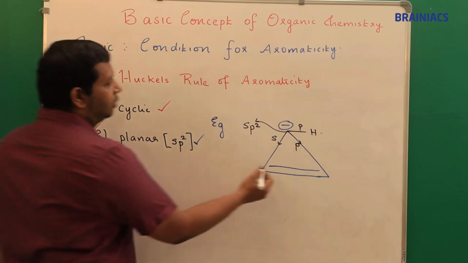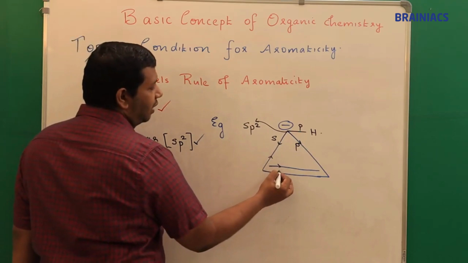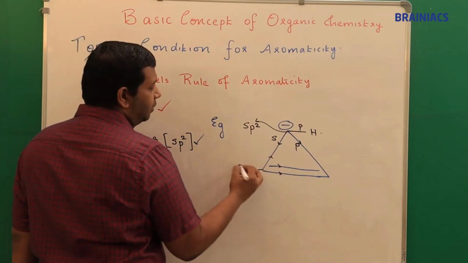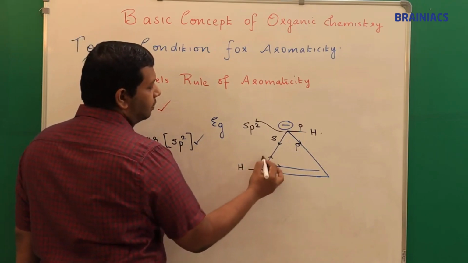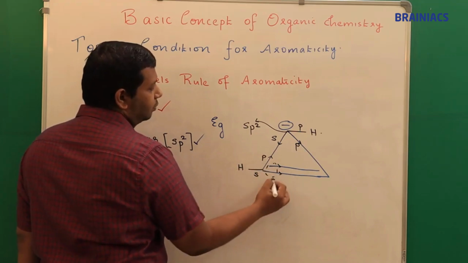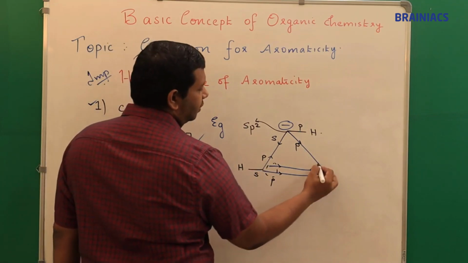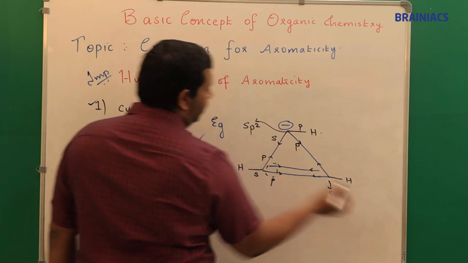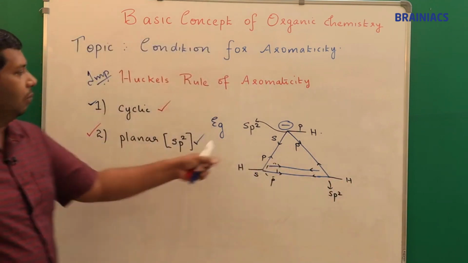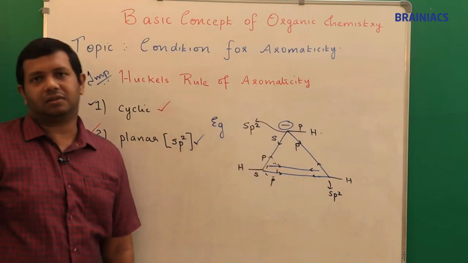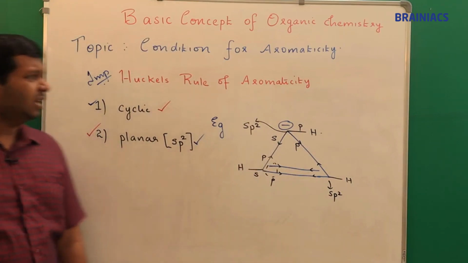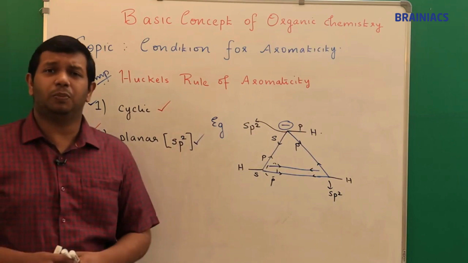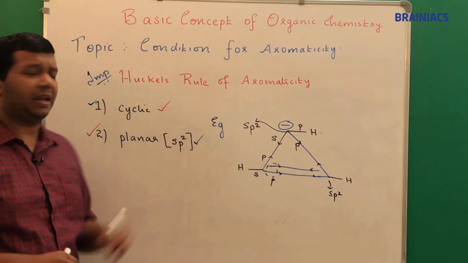Coming to here, one valency going here, one valency going, so the fourth one should be hydrogen. So this is sp2, similar case, hydrogen is present, so this is sp2. Now tell me, cyclic is there and the compound is also planar. Clear? So I have tried to explain all possibilities with the planarity.